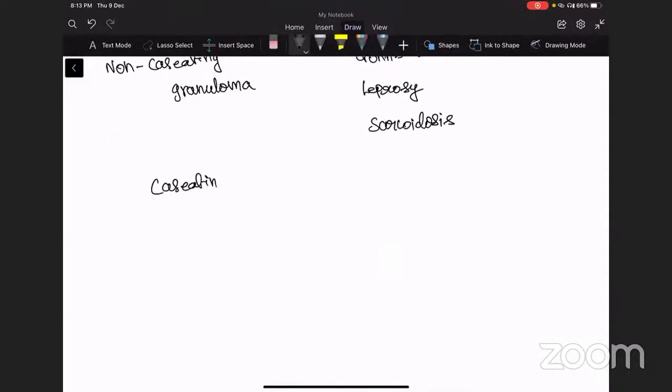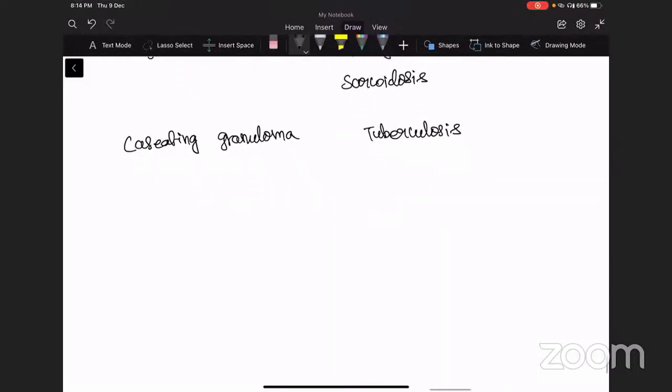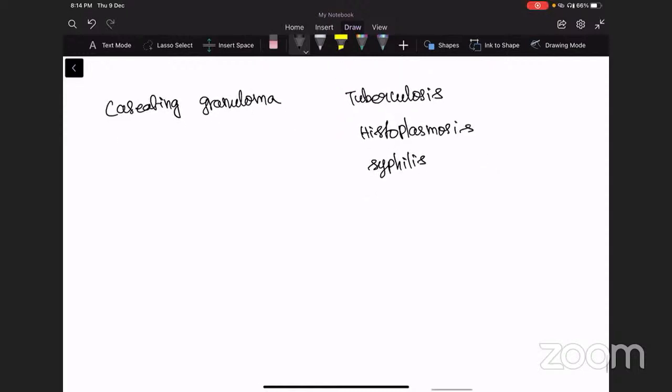Caseating granulomas are seen in tuberculosis, histoplasmosis, syphilis.